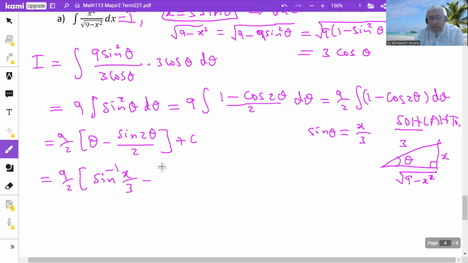And I have a half here, and I have sine 2 theta. There is a formula that sine 2 theta is equal to 2 sine theta cosine theta.